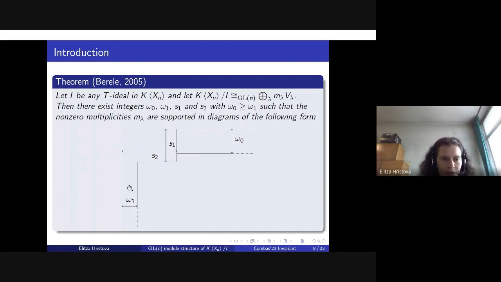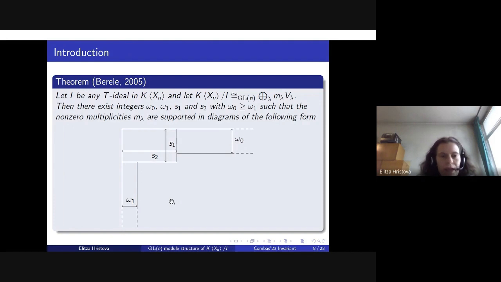And also the first omega 1 columns can grow arbitrarily large too, and the rest is supported in this rectangle with height S1 and width S2. And this number is called the eventual arm length of the partition, and this is the eventual leg width, arm width and leg width.